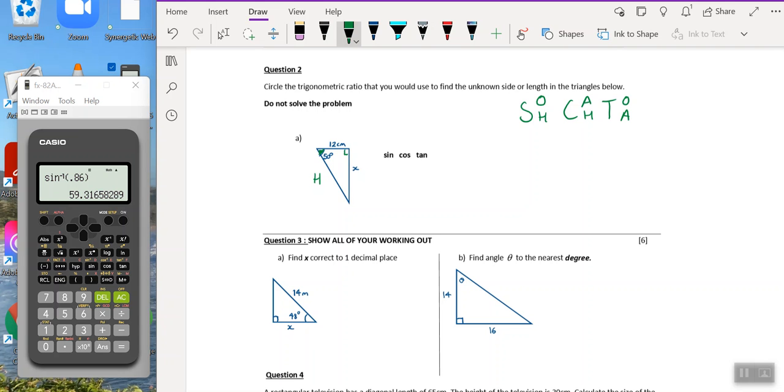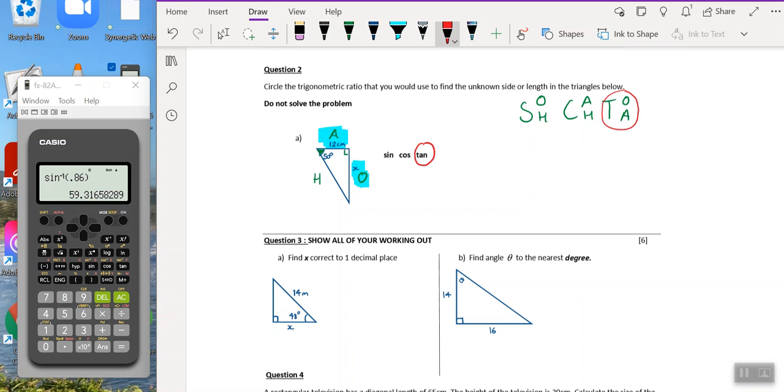In this question, our angle is here, so this side here will be the adjacent because it's right next to that angle, which sees this side as our opposite. So in this particular question, we want to know the opposite, and we already know the adjacent, which tells us that we're going to use tan to solve this question. So you should circle tan.